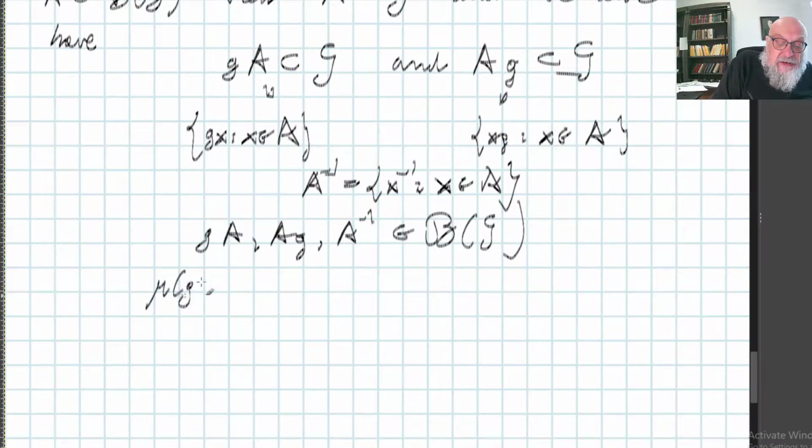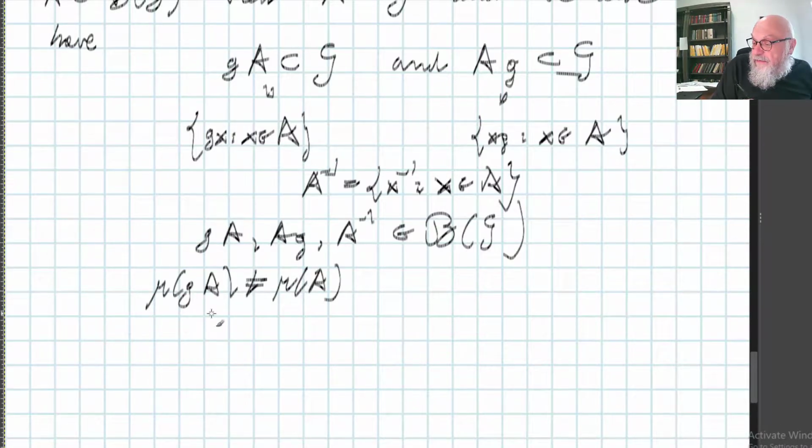What happens to these measures? In general, the measure does not satisfy this property: the shifted, or rotated, set A may have a different measure.